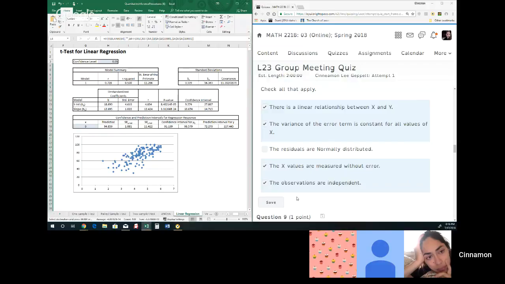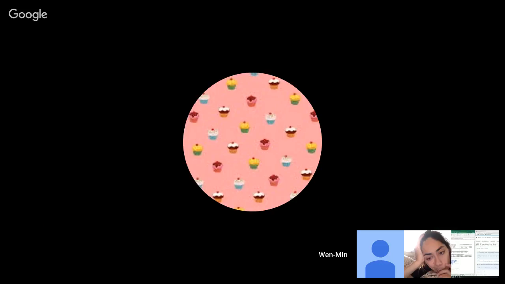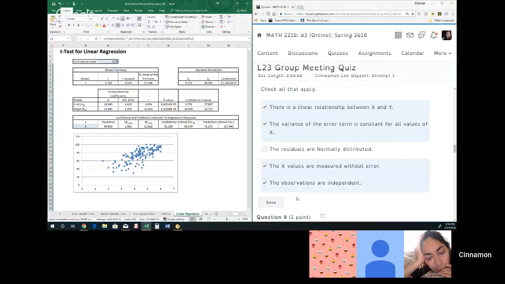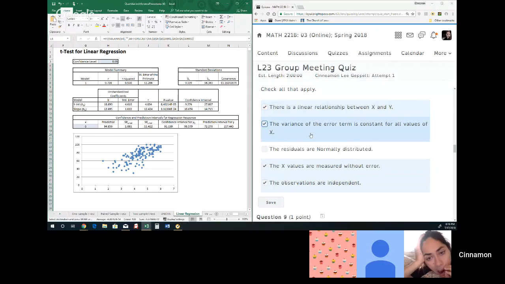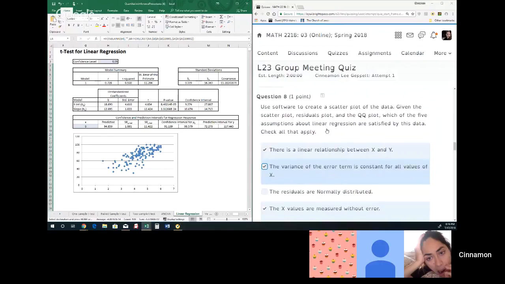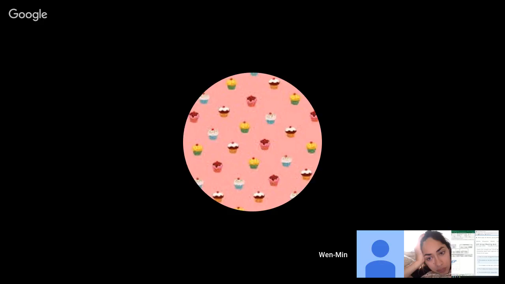For number 8. Are you asking me? Yeah. So which one did you pick again? Well, it says you can check all that apply to number 8. I think it's the first 3 instead of the 4.